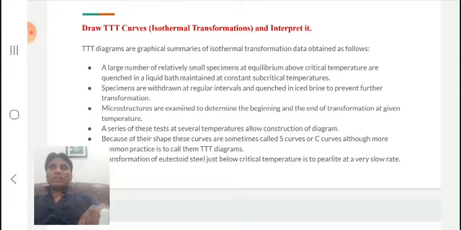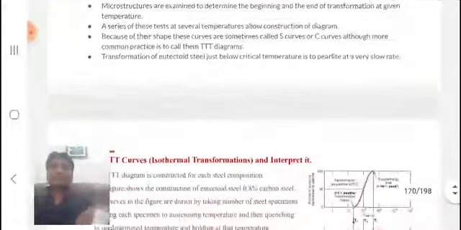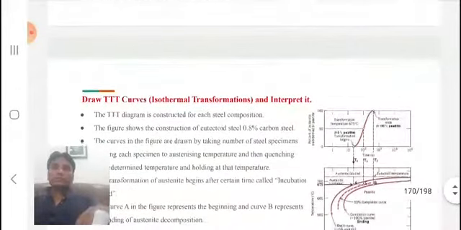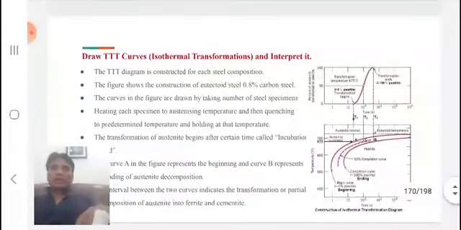Because of their shape, these curves are sometimes called S curves or C curves, although the more common practice is to call them TTT diagrams. Transformation of eutectoid steel just below the critical temperature is to pearlite at a very slow rate.